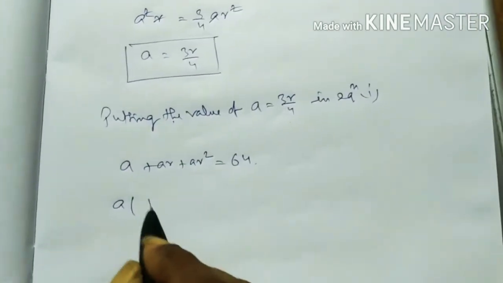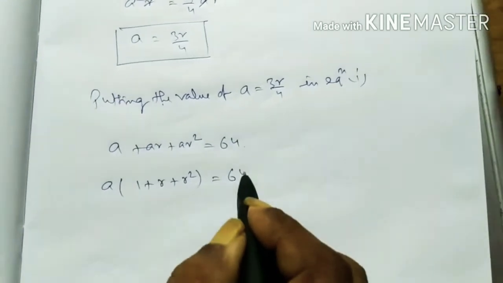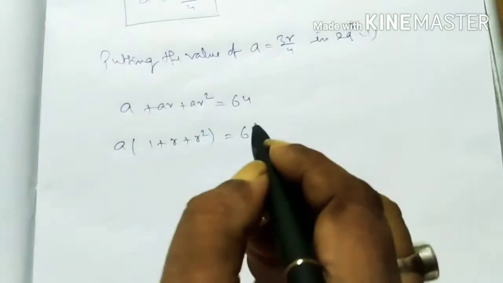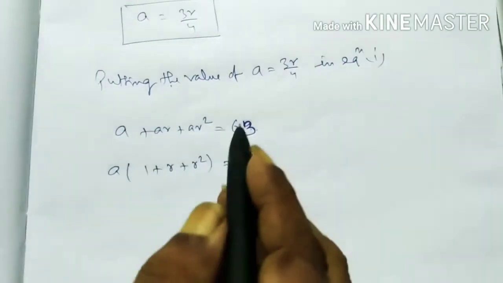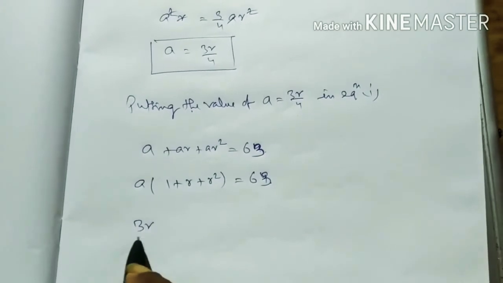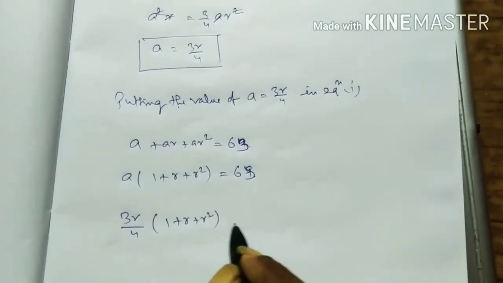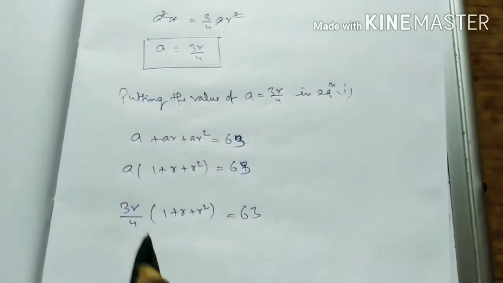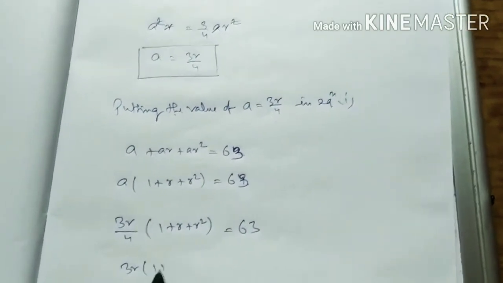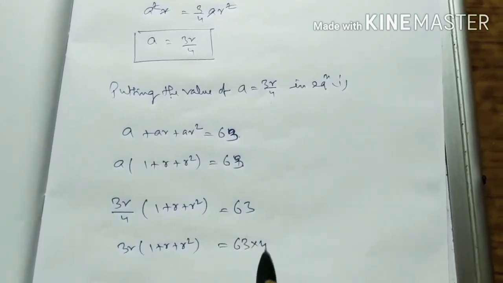Now a common, 1 plus r plus r square is equal to 63, sorry, this is 63. Now the value of a is 3r by 4, (1 plus r plus r square) is equal to 63. So here 3r (1 plus r plus r square) is equal to 63 into 4.